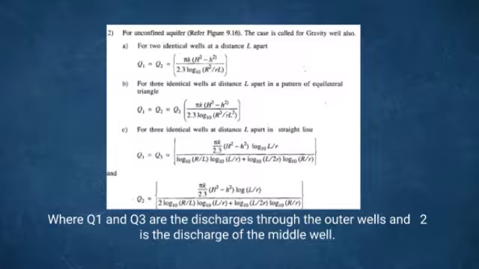For three identical wells at distance L apart in a straight line, in that condition Q1 = Q3 = πK / 2.3 × (H² − h²) × log10(RL/r), and the whole divided by log10(R/L) × log10(L/r) plus log10(L/2r) × log10(R/r).